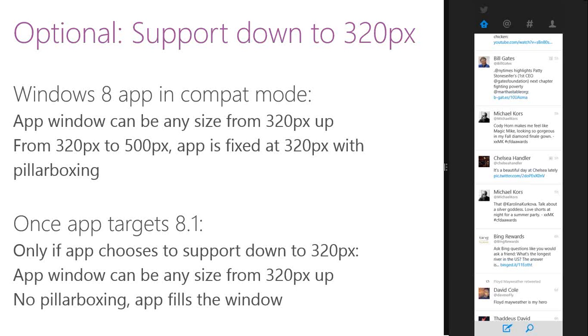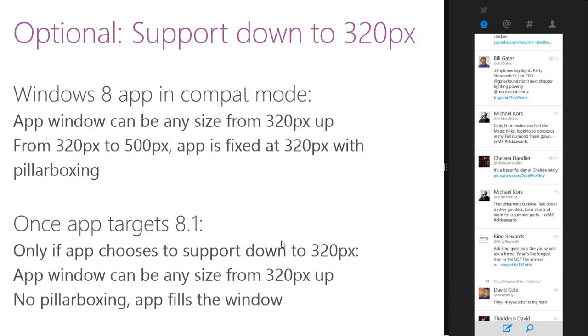Now, when this same Windows 8 application, which is running on Windows 8.1 but is not yet targeted to 8.1, and you want to target it to 8.1, you will have to make some changes in the code. At this point, no pillar boxing will be there.